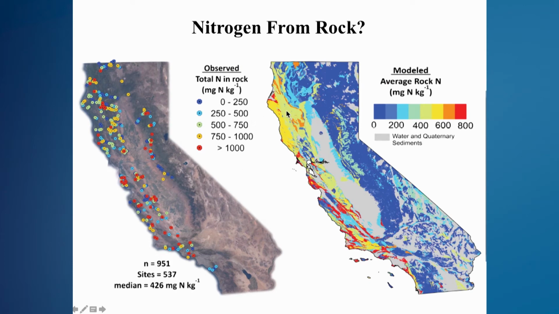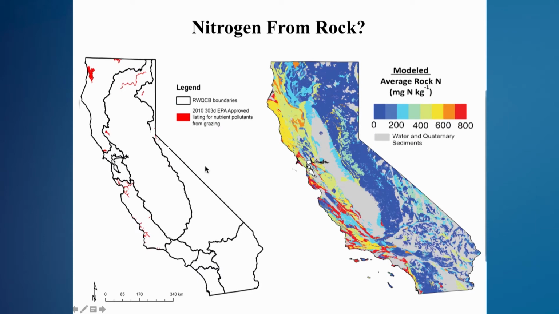And these were clearly identified as being highest in the sedimentary rocks in the Coast Range. And if we overlay the watersheds that have nutrient impairments, we see that most of the areas with nutrient impairments are found on these sedimentary rock landscapes. So the rocks could be contributing a large part of the nutrients here.